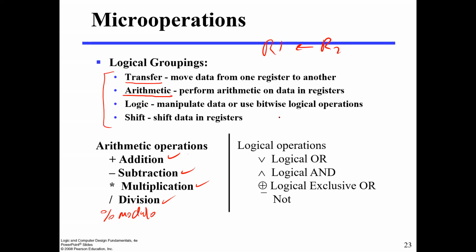So 4 over 2, مش 4 over 2, let's say 5 over 2. 5 over 2 will equal 2, and we will have a remainder of 1. So if I write 5 modulo 2, the result of this operation should be 1. I'm not sure if it exists in HDL, ولكن this is one very well-known arithmetic operation.